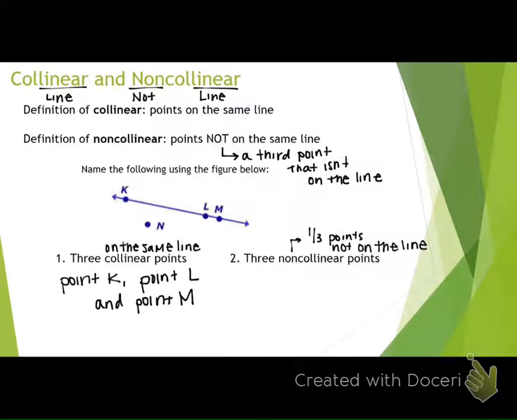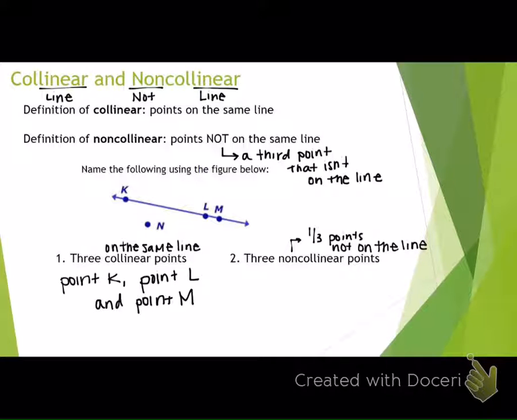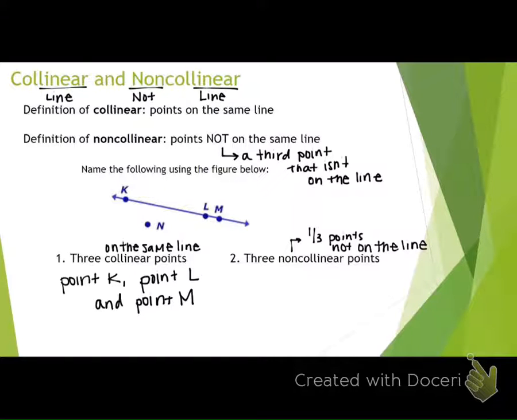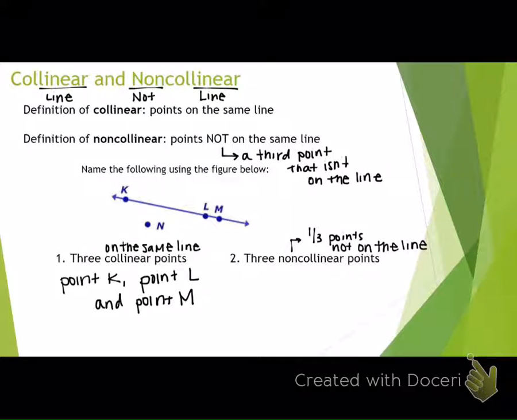But points K and M are collinear, and the N makes it non-collinear because it's not along the same line. You cannot keep your pencil going straight to get to N if you were to try to connect them. You would have to make a jut, right? It wouldn't be the same line segment anymore. So, point N, point K, and point M. One of the points is not on the line, and that is point N.